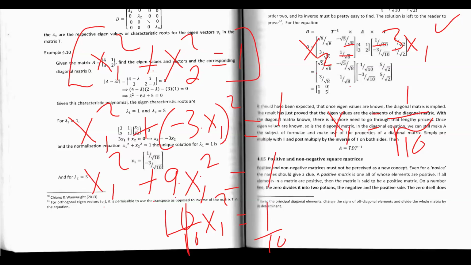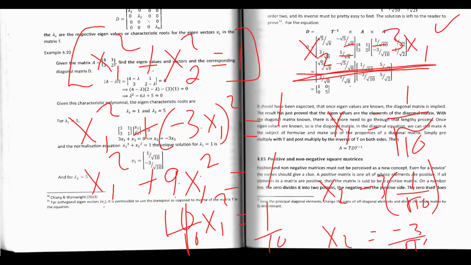Welcome back. So that's how we find x1. We need to find x2. To find x2, we can even use the same equation above. So x2 is equal to negative 3 times 1 over root 10, which means x2 is equal to negative 3 over root 10, right?